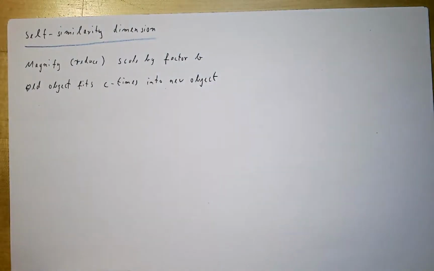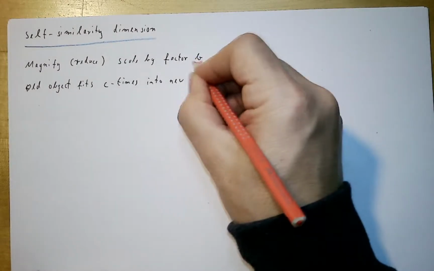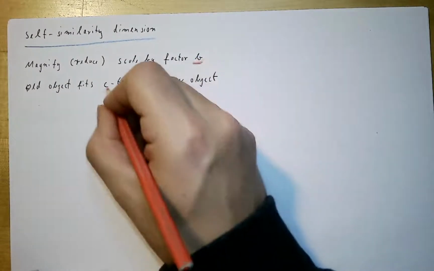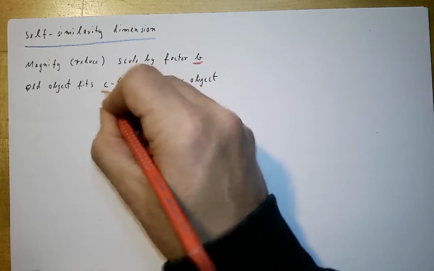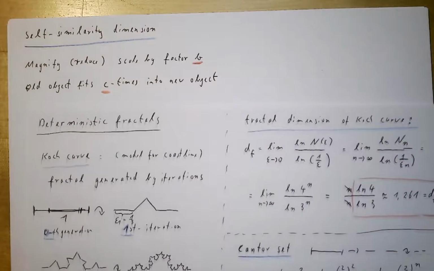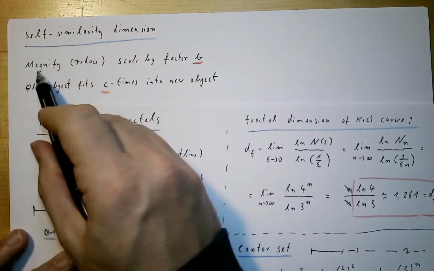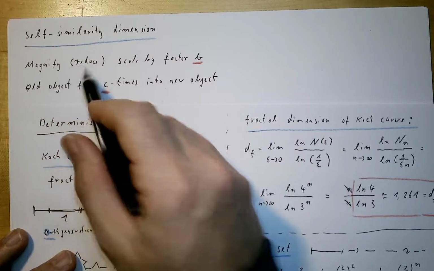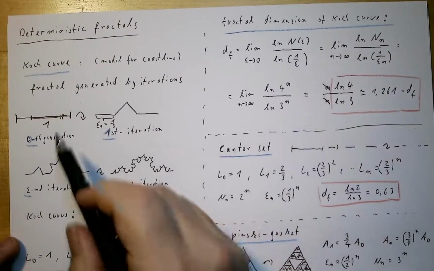And then we have introduced here 2 constants. This constant b, the scaling factor, and here the factor c, how often the old object fits into the new. And now you see I said I have taken here 2 versions. Either I magnify or I reduce the scale, because I can create the fractal in 2 ways.